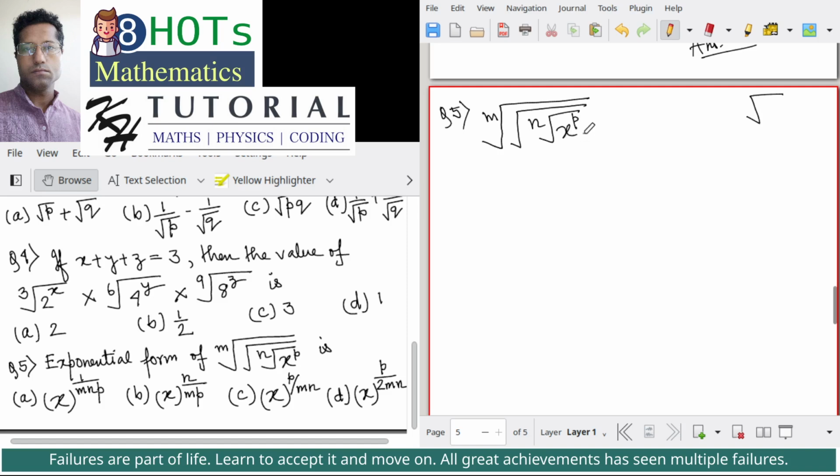That is fine. Now let's try to convert this expression into the exponential form.